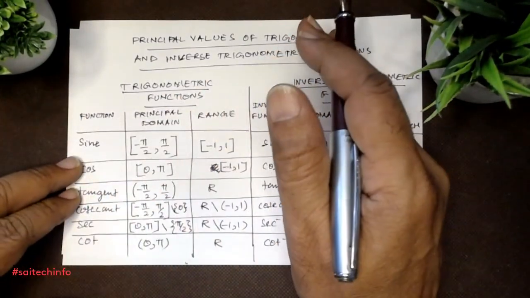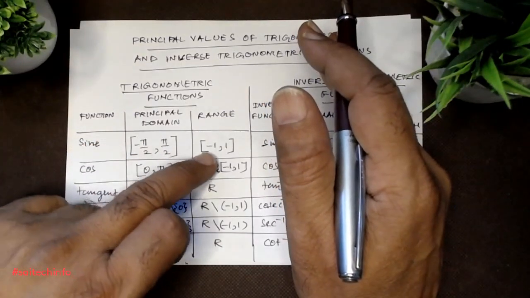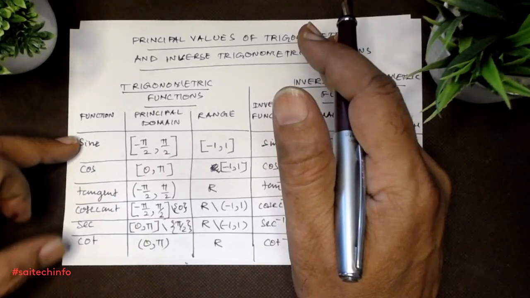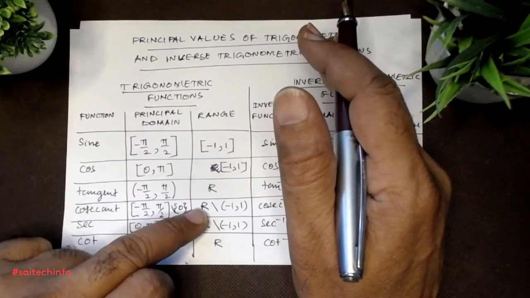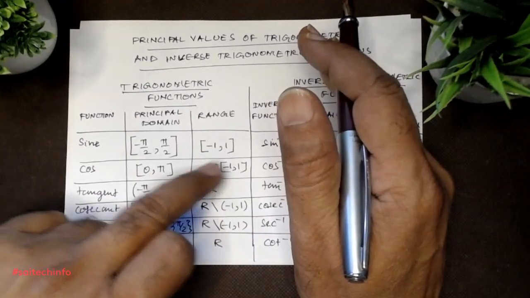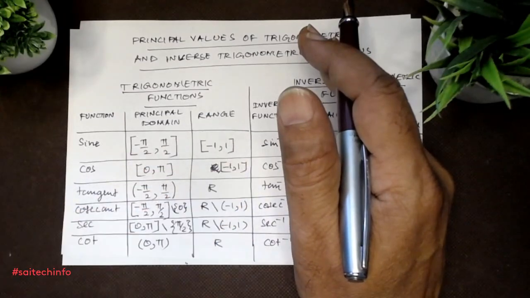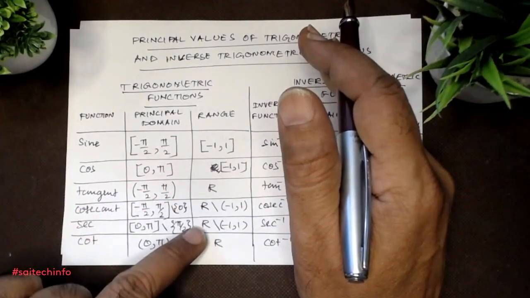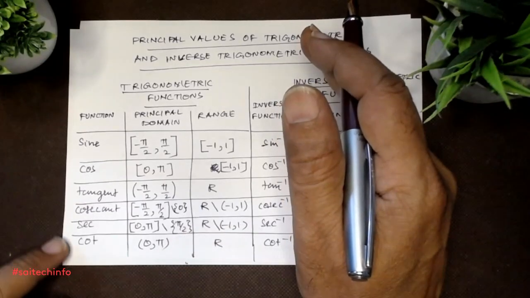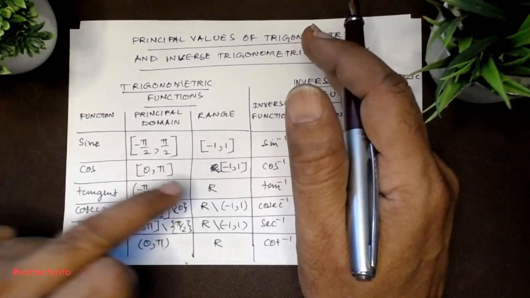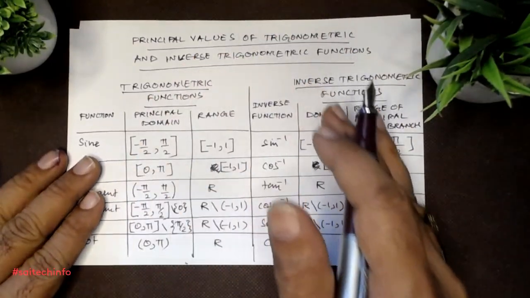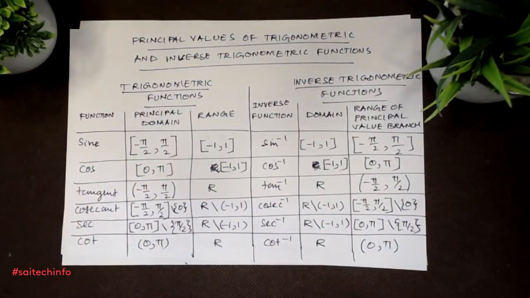The sine range is -1 comma 1, cosecant range is real number excluding -1 comma 1. Similarly, cos is -1 comma 1, similar to sine, but secant excludes -1 comma 1, and tangent and cot are both real numbers. So this is the case with the principal values. Okay.